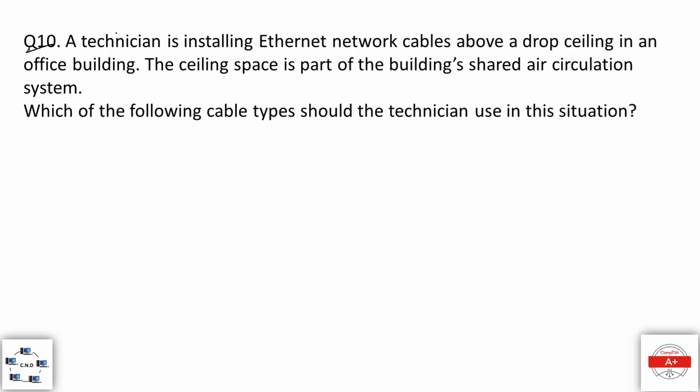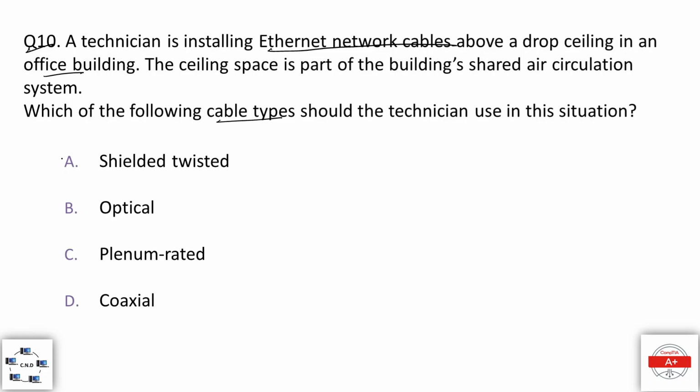Question number 10. A technician is installing Ethernet network cables above a drop ceiling in an office building. The ceiling space is part of the building's shared air circulation system. Which of the following cable types should the technician use in this situation? The options are: option A, shielded twisted; option B, optical; option C, plenum rated; and option D, coaxial.